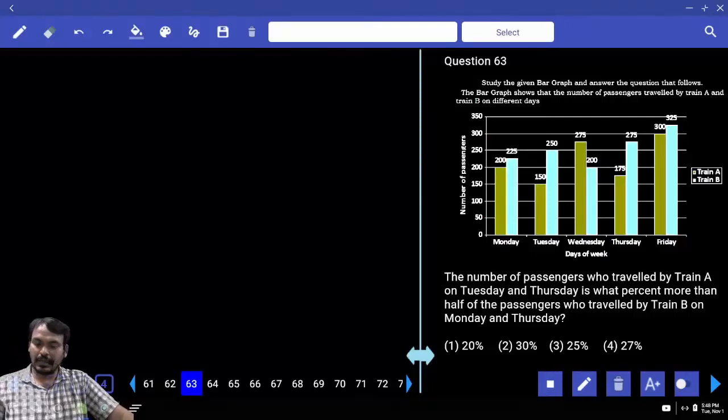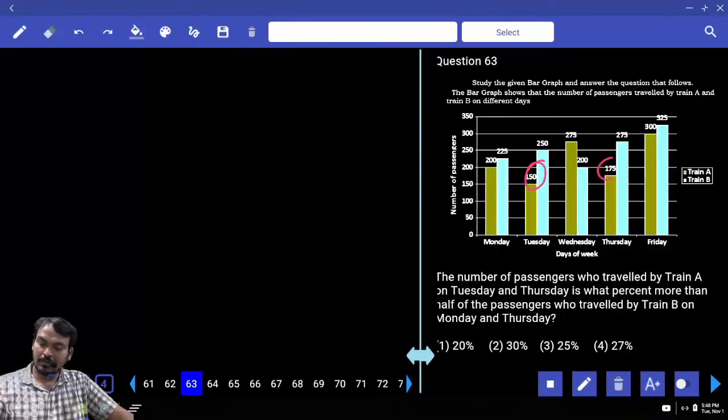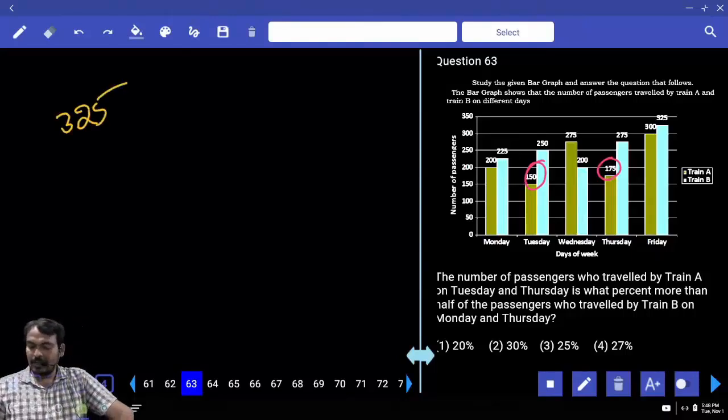What is the train A value on Tuesday? 150 or not? And Thursday 175. Total it is 325 or not?